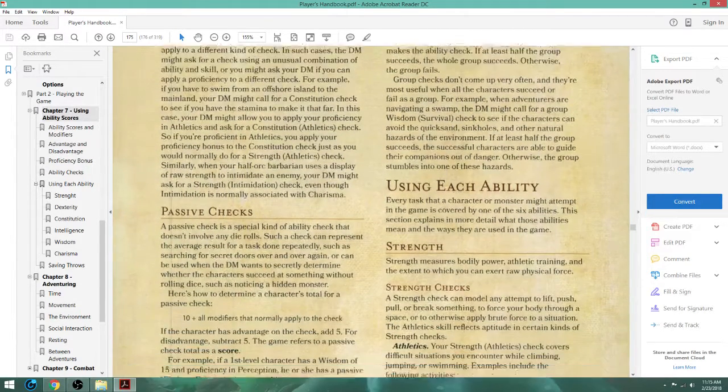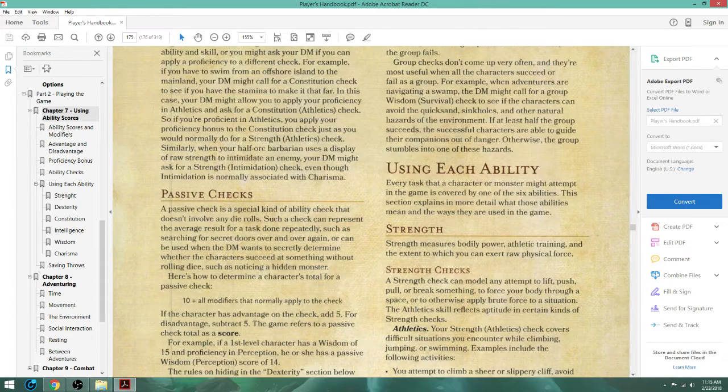Your passive checks are 10 plus all your modifiers. Now the thing is, if you have a passive perception, which is basically a passive check where you don't have to roll, usually if you're trained in perception, you get to add your proficiency to your passive. If you're not trained in it, you don't. So if my perception modifier was a 3, my overall score would be 10 plus 3.